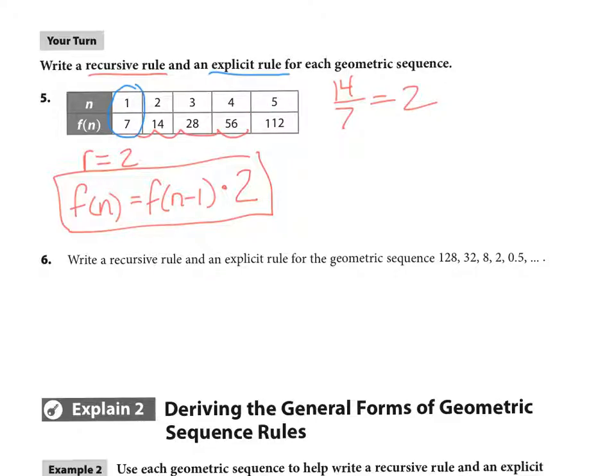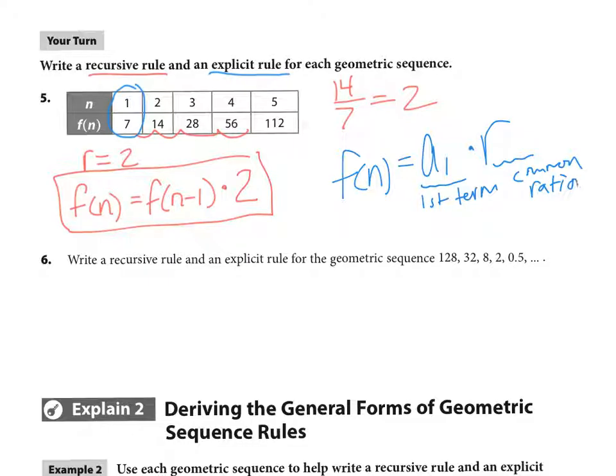So the explicit rule is this. F of n equals. The basic rule, I'm going to just write out the formula, is A1, where A1 is the first term, times R, where R is the common ratio, raised to the n minus 1 power, because again, the exponent is going to be 1 less than the term number.